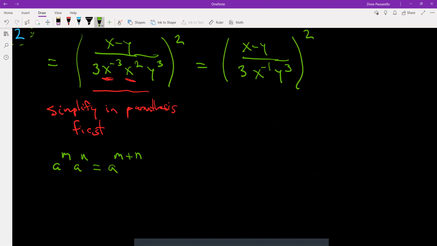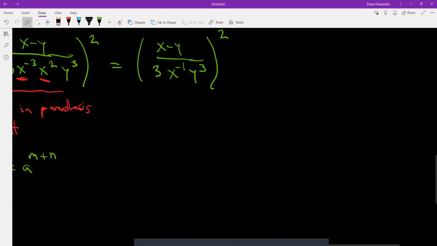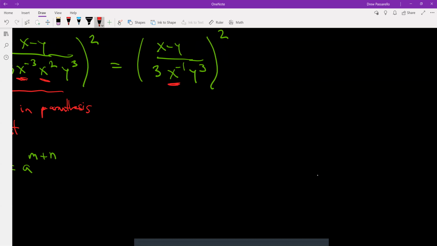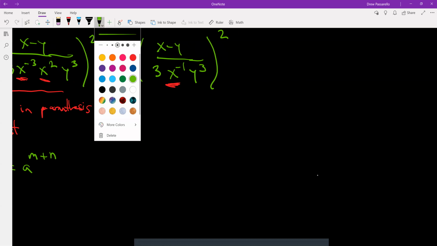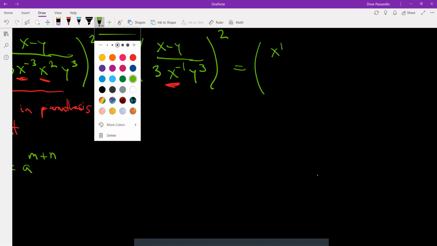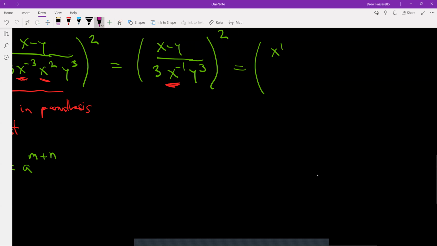Now this is where we're going to be careful. If I'm still working inside the parentheses, I'm going to make this negative 1 be turned into a positive 1 for the exponent. By the rule, I bring that to the top part. So it turns into x to the positive 1. But this is where you've got to be careful, because the x minus y is treated as one quantity.